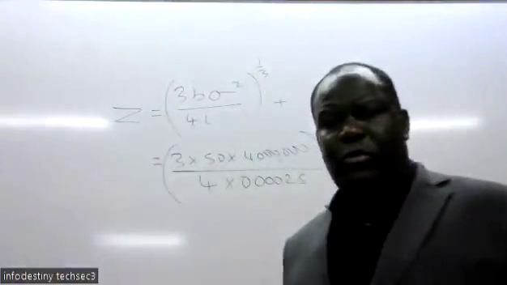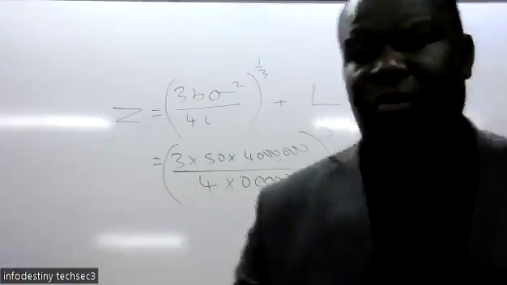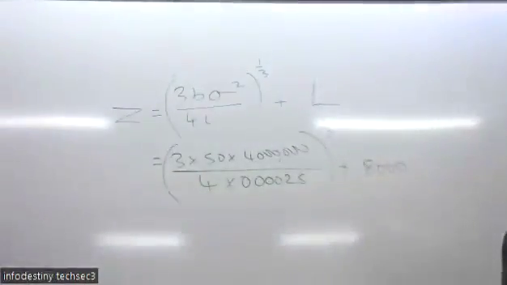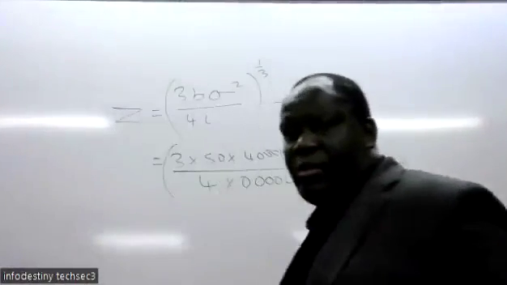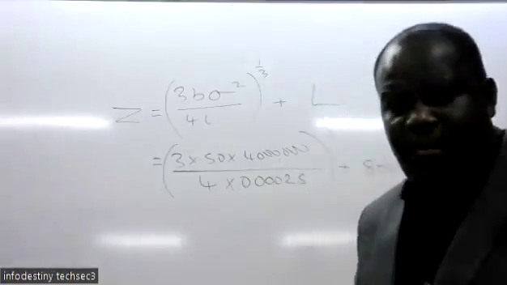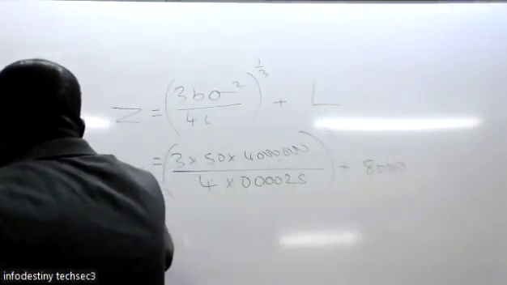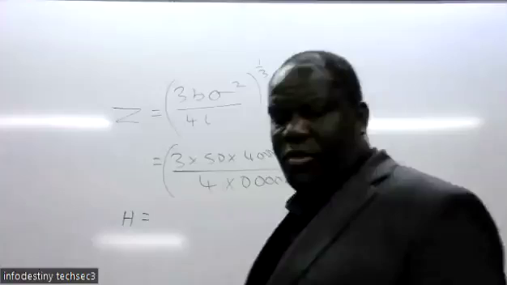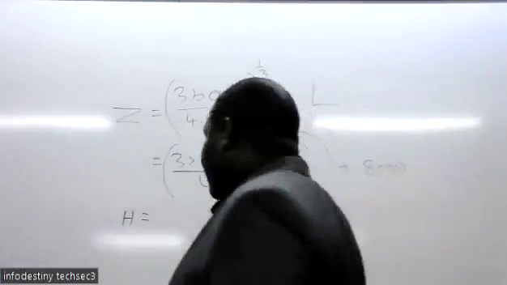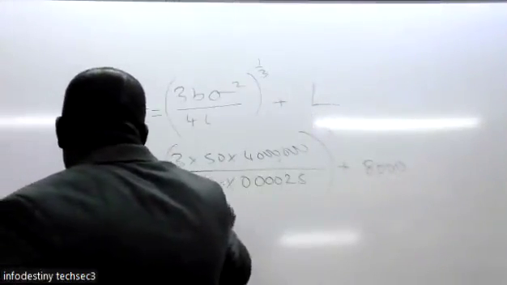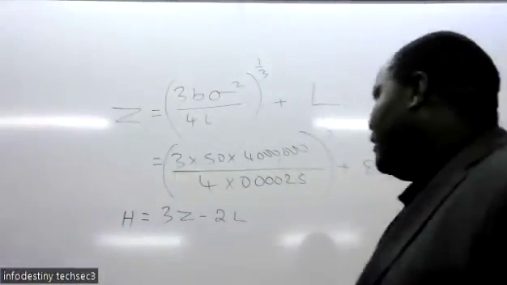So we go now to Roman letter 2, which is meant to be the upper cash limit. To get the upper cash limit, you remember the formula: H is equal to 3Z minus 2L.